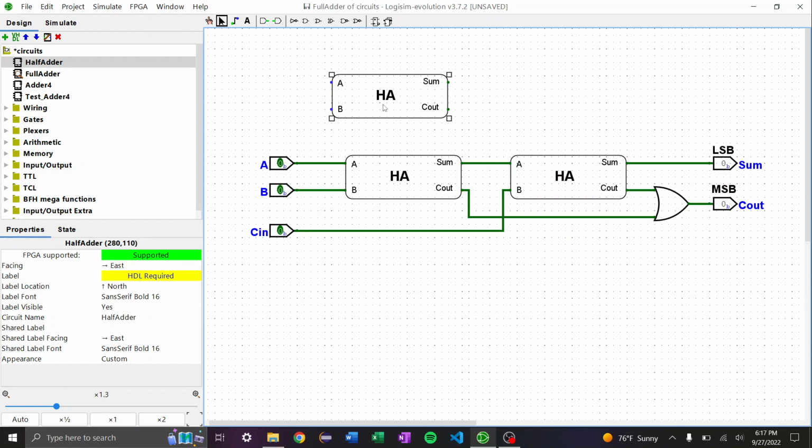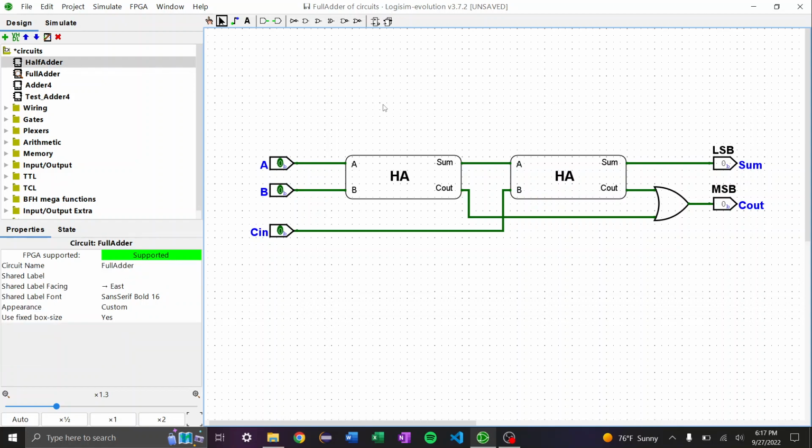So it allows for a bit of abstraction and a bit of convenience. So going back to the full adder, it uses the subcircuit system to create this hierarchy, which is pretty handy. And in this case, it allows us to create a full adder of 3 bits, which is pretty handy.